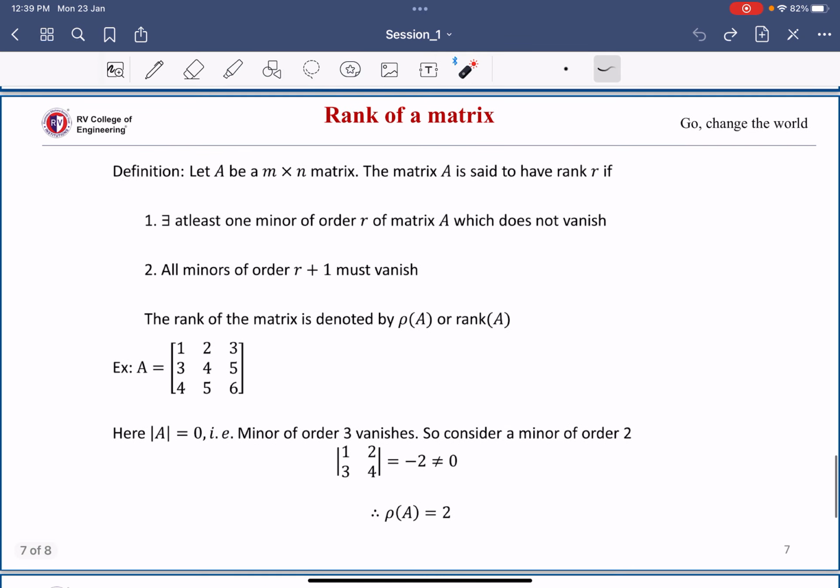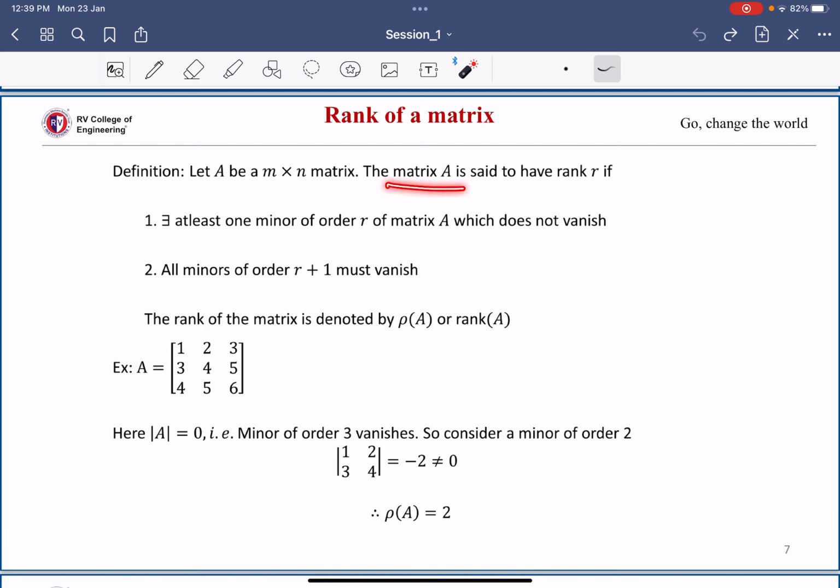Coming to the definition of rank of a matrix. What do you mean by rank of a matrix? If I consider an M cross N matrix, rank of a matrix is not restricted to only square matrices. Rank of a matrix is also applicable to a rectangular matrix.